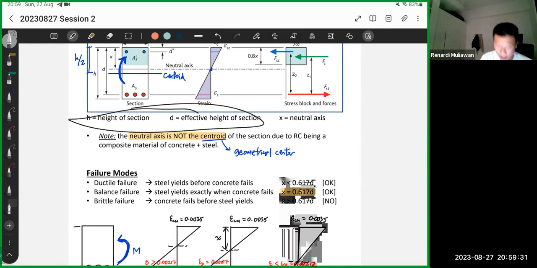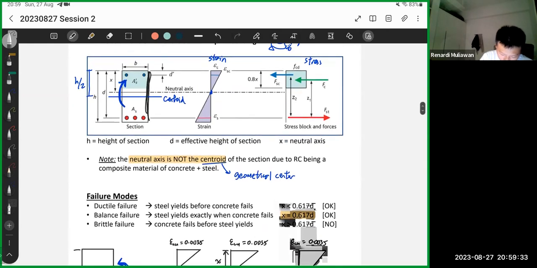That's the common mistake. h is the full depth of the section, top to bottom. d is from the top to the middle of the tensile reinforcement. So this one is d, and this one is h. Be careful. There's also d prime, which is the top to the compression steel, but that comes later.